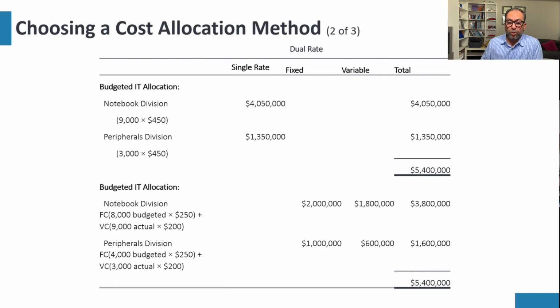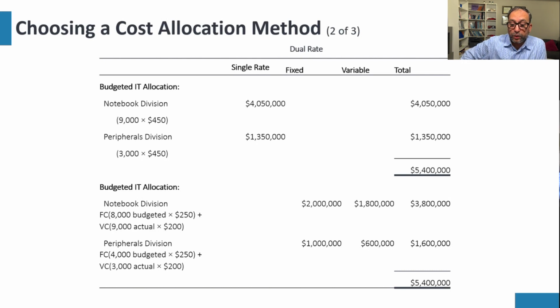What's changing is here: you see the difference, whether we apply the single rate method or the dual rate method. So we see there's a significant or a reasonable difference. If we are applying the single method, the notebook division is getting a cost of 4.05 million.